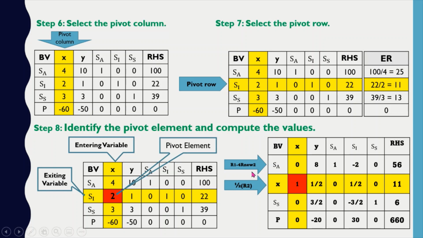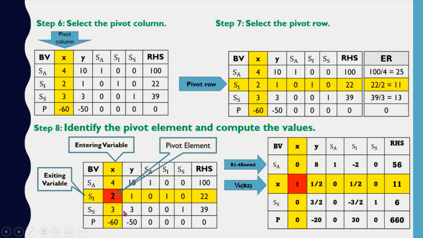As I told you earlier, once we convert our pivot element to 1, the rest of the values of our pivot column will be equal to 0, except the variables, of course. I'm talking about the values only. So the value 4, we're going to make 0. The value 3, we make 0. And the other value here we make 0 too.